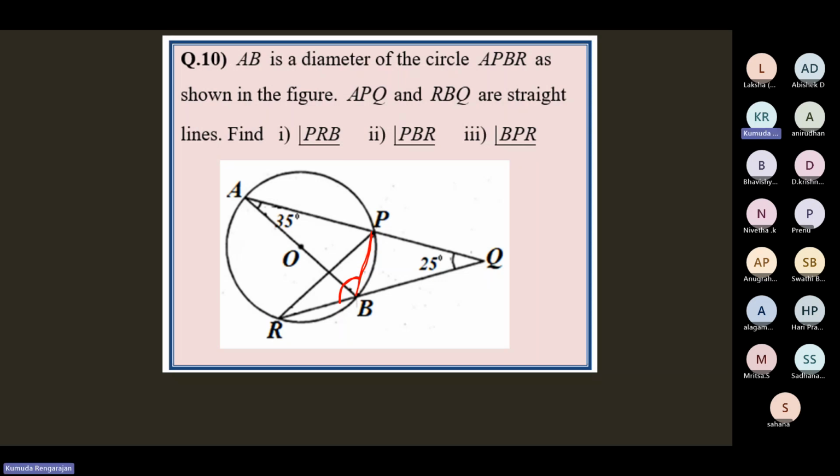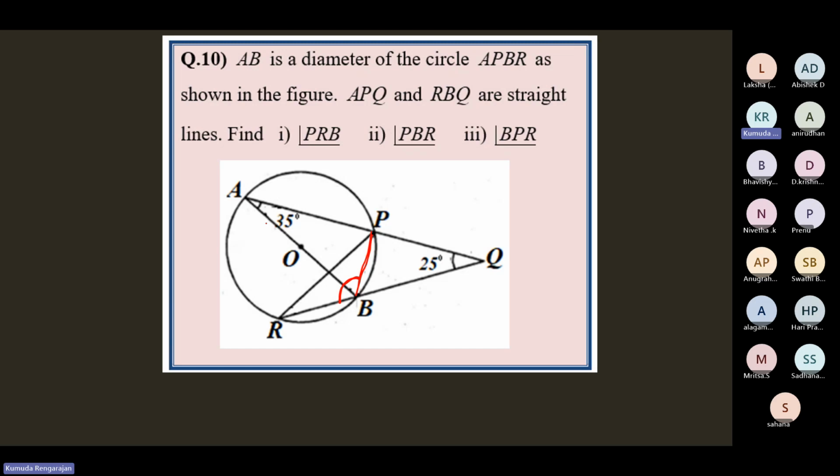In the same way, this theorem can be used only if in the figure you are able to identify a line segment as the diameter. If no diameter is known, then we cannot use the theorem.